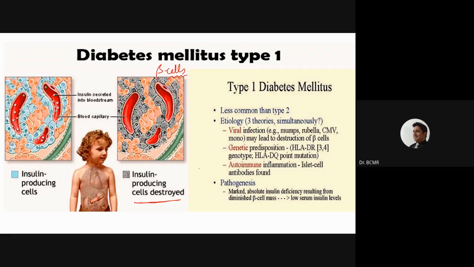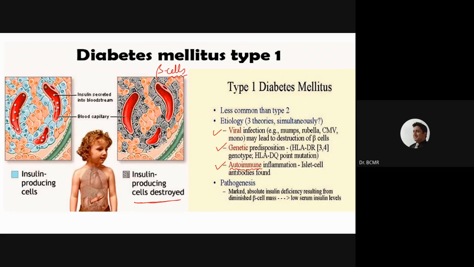So why are these insulin secreting beta cells destroyed? There are multiple theories. Some people say it might be because of viral infection. Some people say that there is some genetic predisposition for the beta cells to die out sooner. And others say it could be because of autoimmunity. I think people think it is mostly autoimmune.